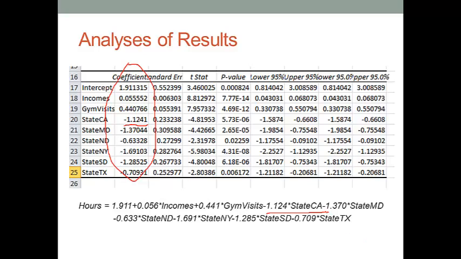But I don't have the coefficient for state WA, so how am I going to calculate the exact number of hours? You don't have to, because you chose Washington as the base category. You only look at the income and the gym visits. That will be how long the user will use the mobile app if she's from Washington.